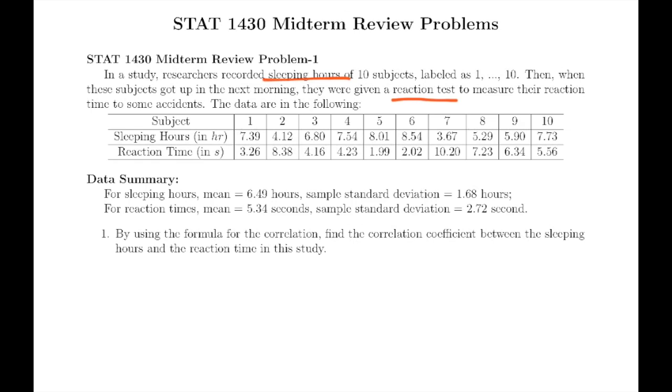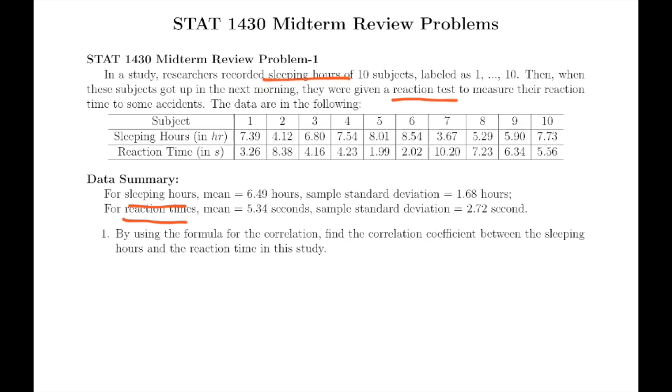And we also will have some summary of the data for the sleeping hours. The mean is equal to 6.49 hours, and the sample standard deviation is equal to 1.68 hours. And for the reaction times, the mean is equal to 5.34 seconds, and the sample standard deviation is equal to 2.72 seconds.